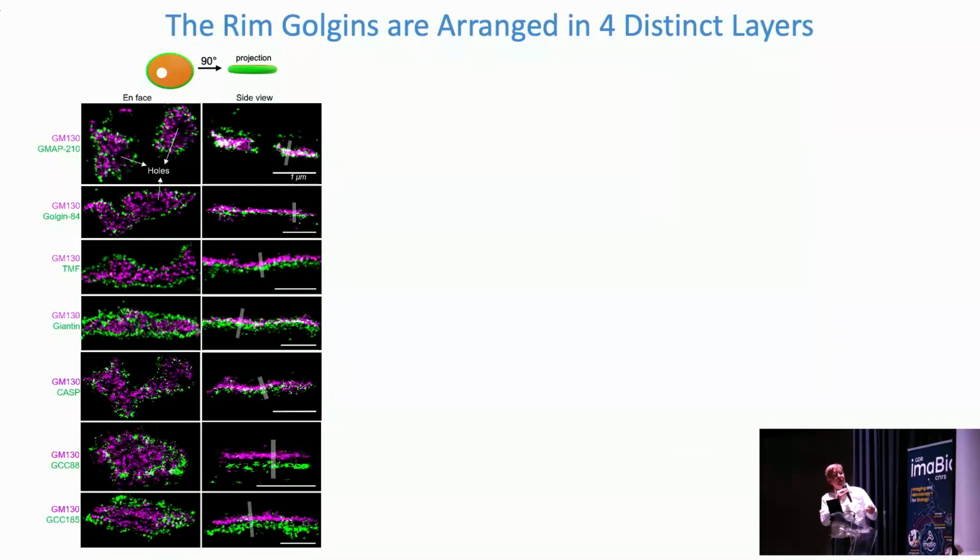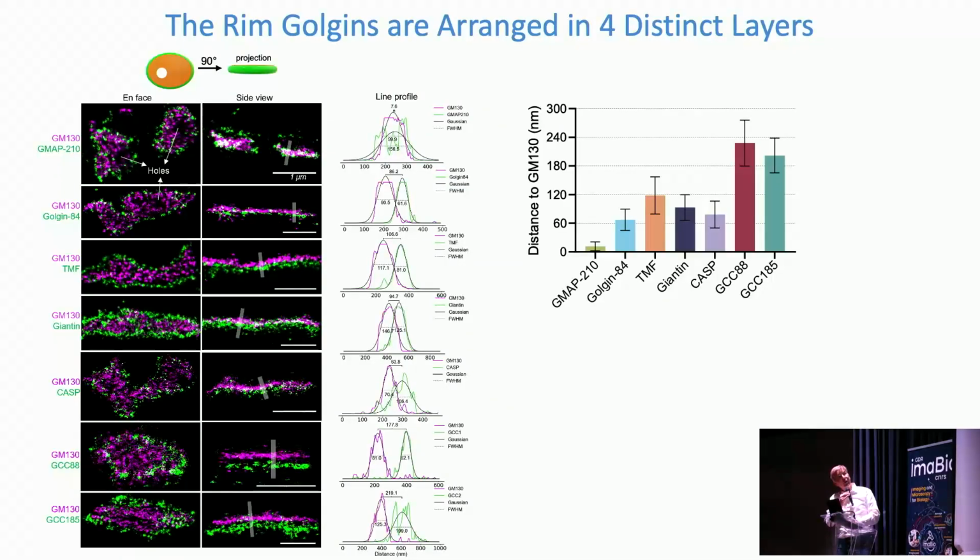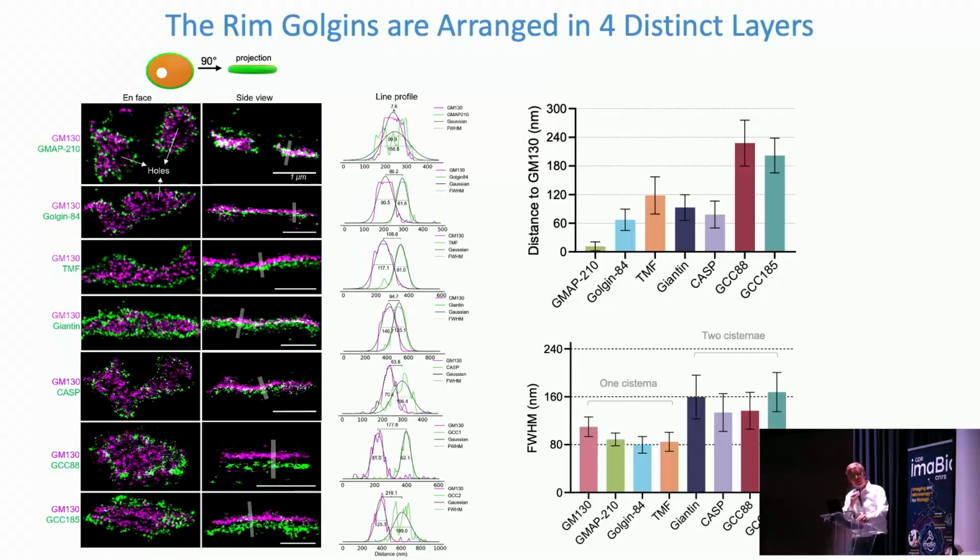For GCC88, for example, there's a clear separation between GM130 and this layer. You can quantify this over many cells and measure the distance, but what's also apparent is that the width of these also varies. Maohan summarized this in these two figures, which have tons and tons of data that went into this.